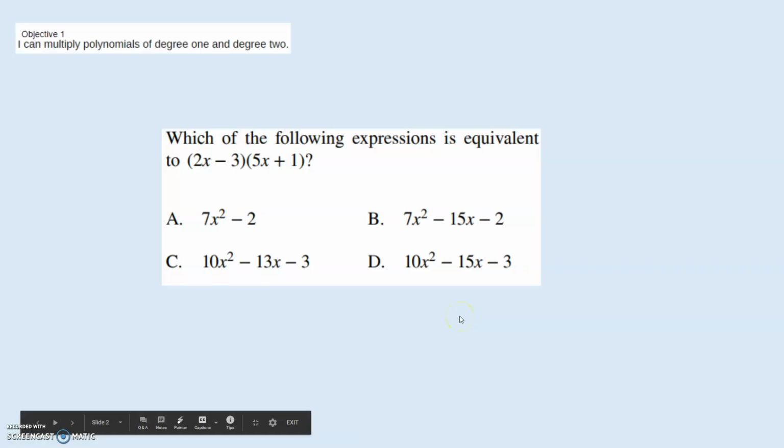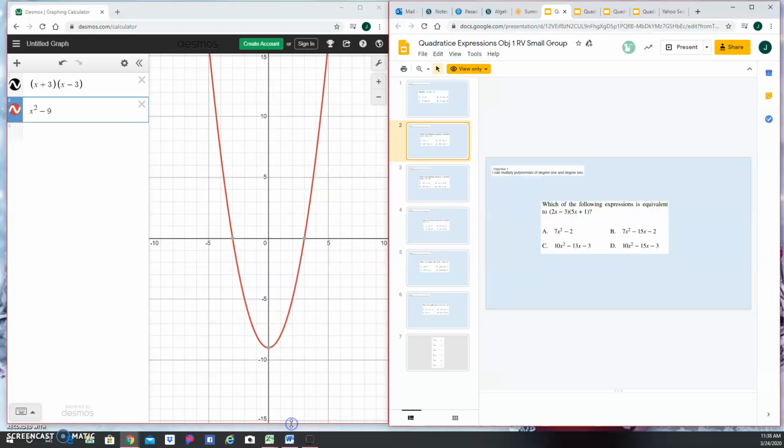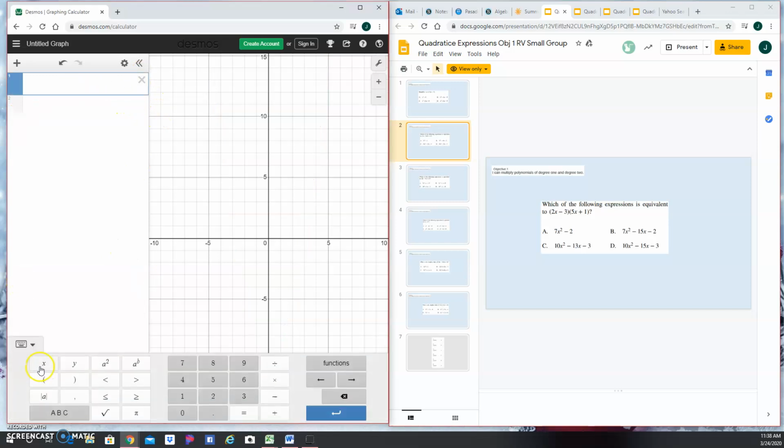It says here, which of the following expressions is equivalent to the given one? And it's kind of the same process. So let's go ahead and plug that in. Start from scratch. That is going to be (2x - 3)(5x + 1).